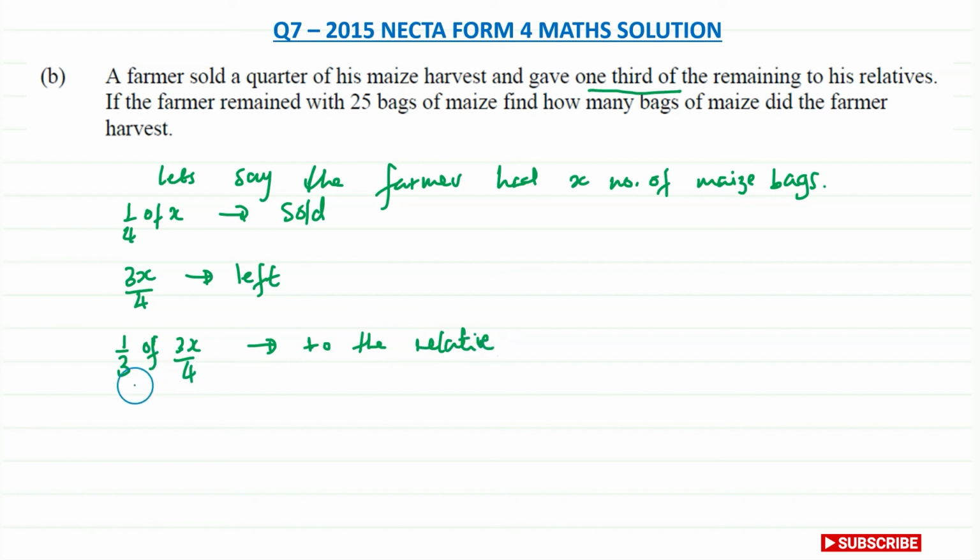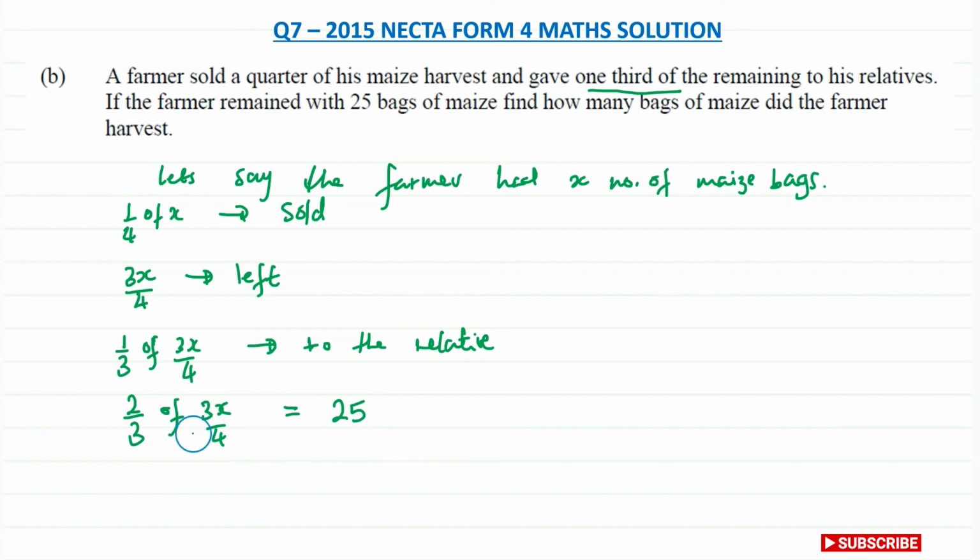If he gave 1/3 of 3x over 4 to his relative, how much has he got left? Well, he's got left 2/3 of this amount, so 2/3 of 3x over 4 is what he's got left, which is going to be equal to 25 bags.